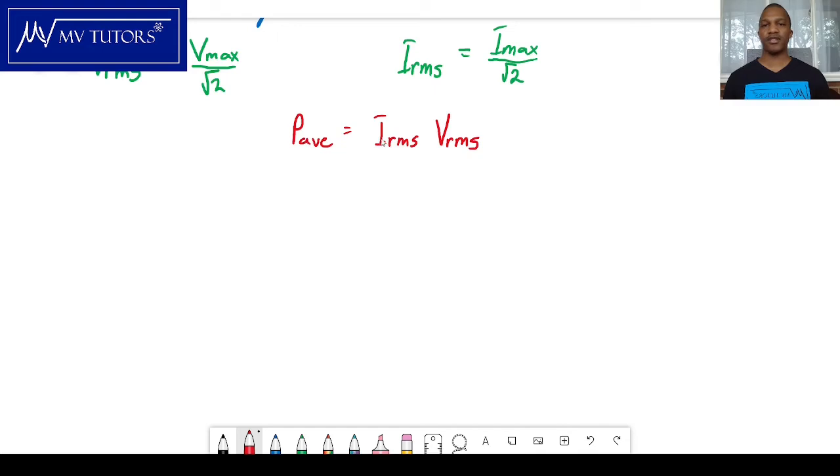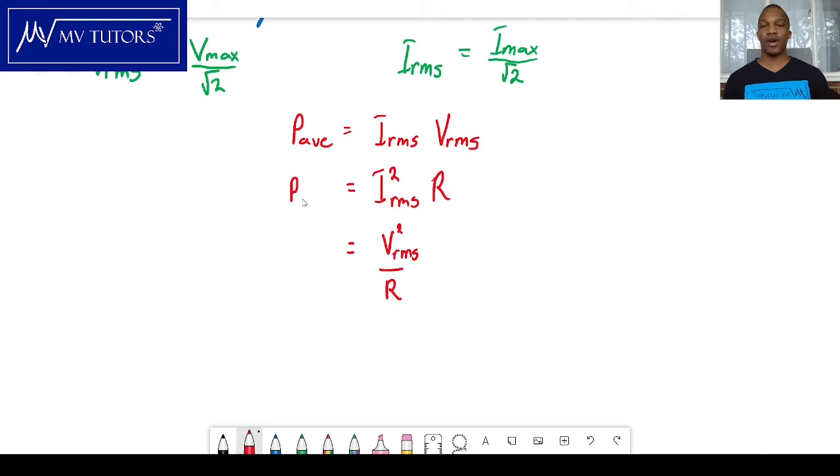Okay, power is equal to I times R. There are 3 formulas. The second one for power is I squared, the RMS one, times R. And then the third one is voltage squared, the RMS voltage, divided by R. Now, which formula do you use?